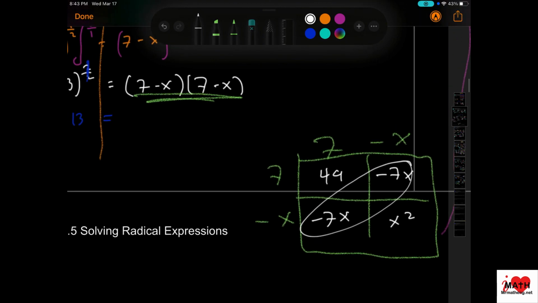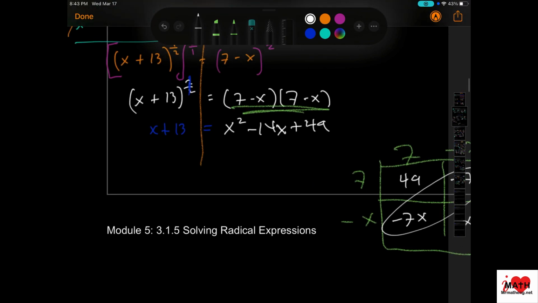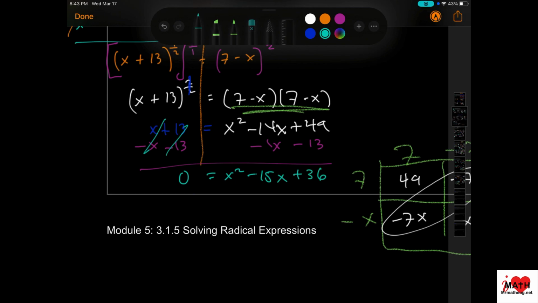So x squared minus 14x plus 49. Okay, and then I'm just going to set it equal to 0. So doing opposites to move it across the equal sign. And this will all equal 0 equals x squared minus 15x plus 36.